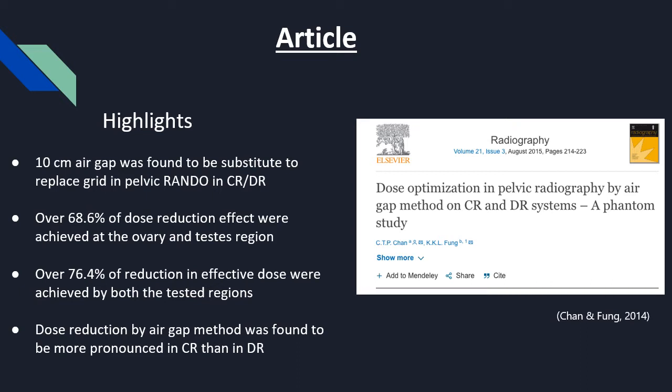Also, over 68.6% of dose reduction was achieved at the ovary and testis region, and over 76.4% reduction in effective dose was achieved in both tested regions. The dose reduction by the air gap technique was found to be more pronounced in the CR than in the DR.